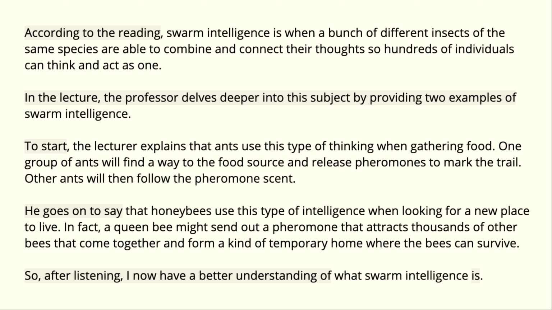To start, the lecture explains that ants use this type of thinking when gathering food. One group of ants will find a way to the food source and release pheromones to mark the trail. Other ants will then follow the pheromone scent. Okay, so I basically say the one example and a couple of sentences about it, a couple of details. Not a lot, but a little bit.